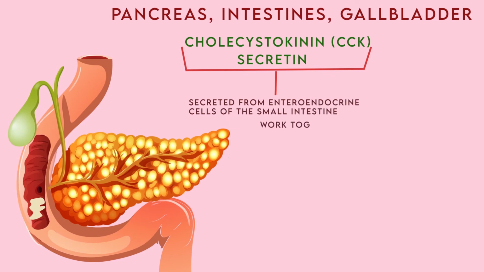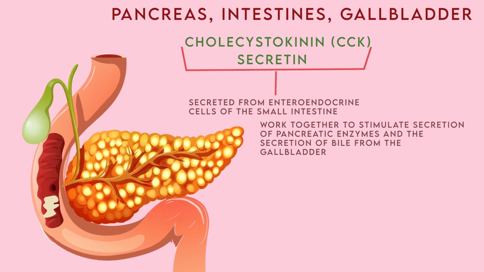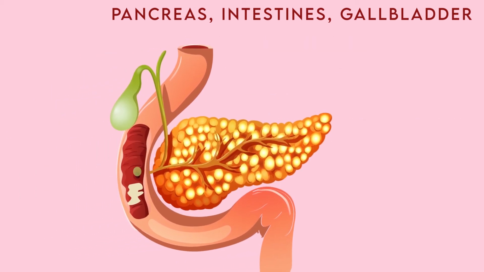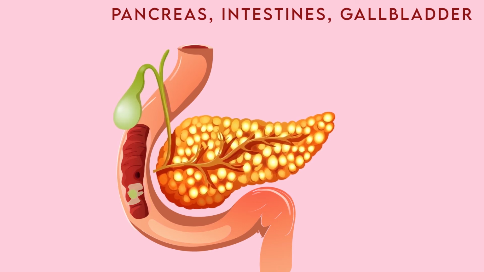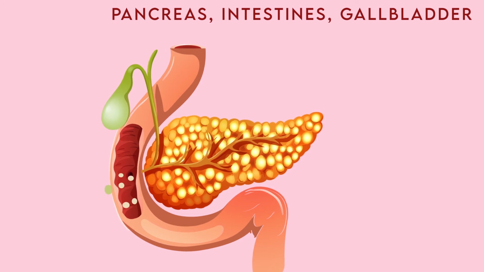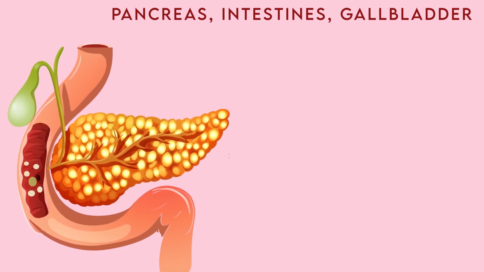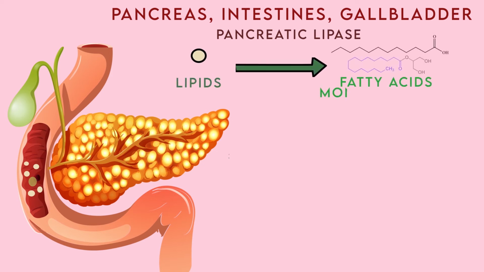These hormones work together to stimulate the secretion of pancreatic enzymes and secretion of bile from the gallbladder, which was originally produced by the liver. In the small intestine, bile emulsifies lipids in the chyme, breaking them up into numerous small fatty globules available for digestion. Pancreatic lipase then digests these remaining lipids into fatty acids and monoglycerides.